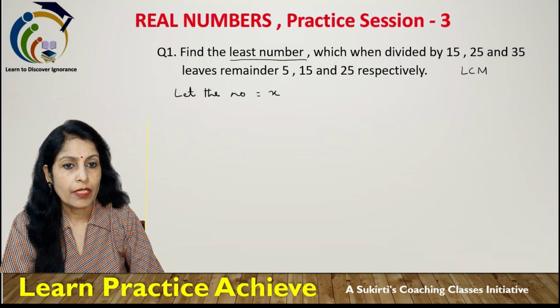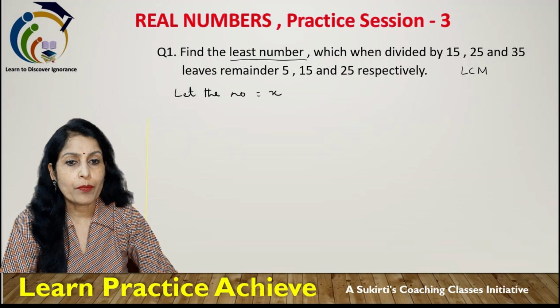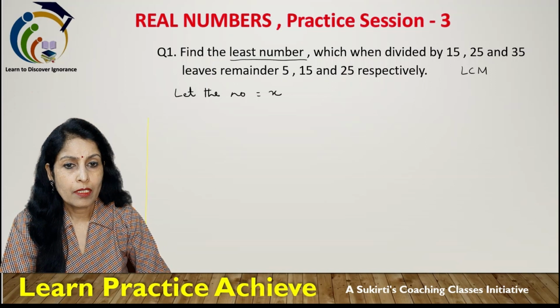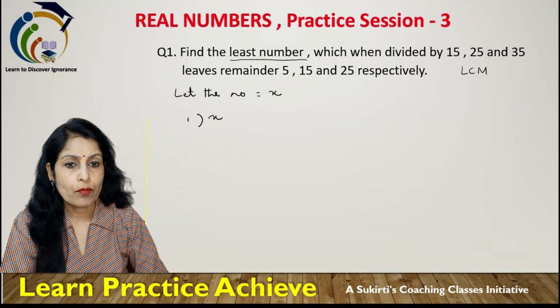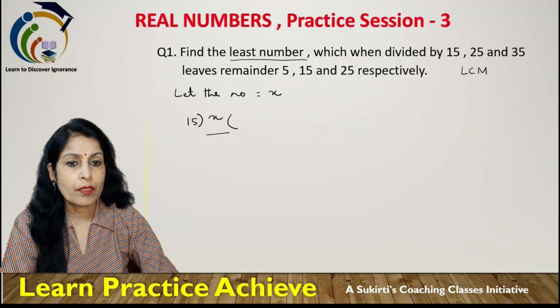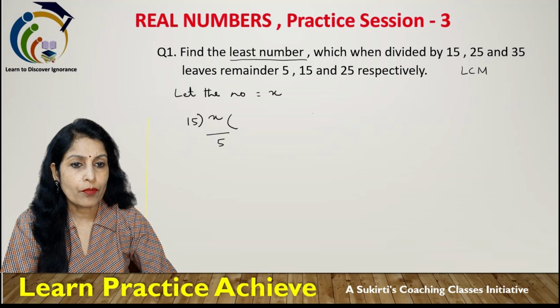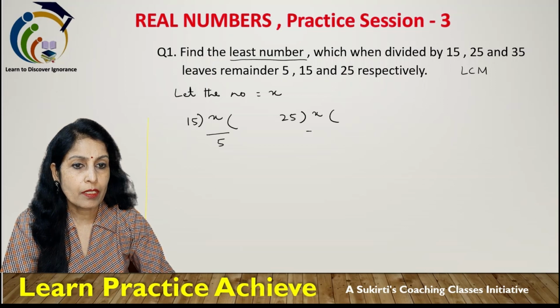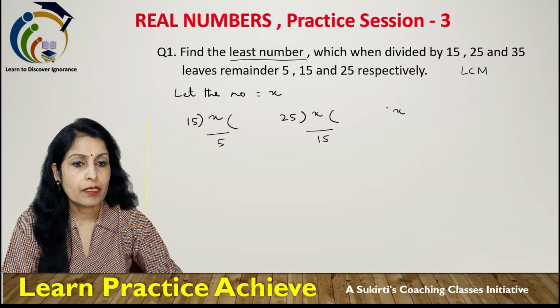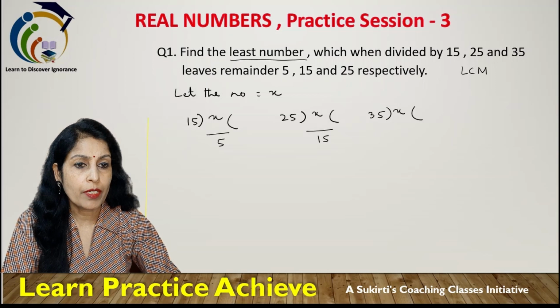When x is divided by 15, you will get the remainder 5. Again, when x is divided by 25, you will get a remainder 15. And when x is divided by 35, you will get a remainder 25.